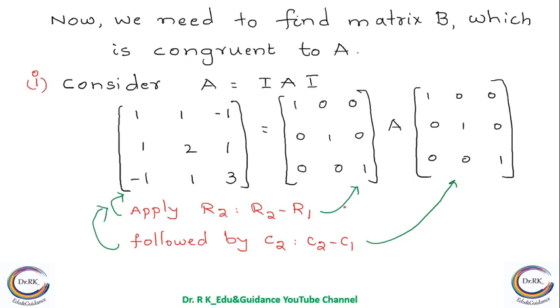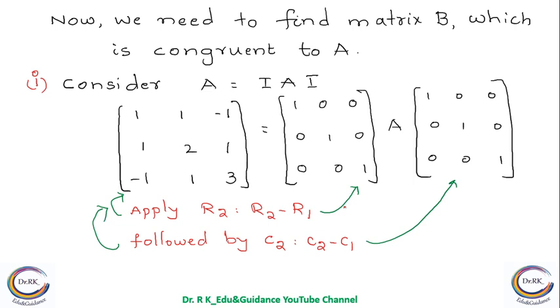Next, if you remember, to convert this into canonical form we need something B. As discussed, B is P transpose AP, and if B is a diagonal matrix, then we can have the sum of squares terms, or canonical form.